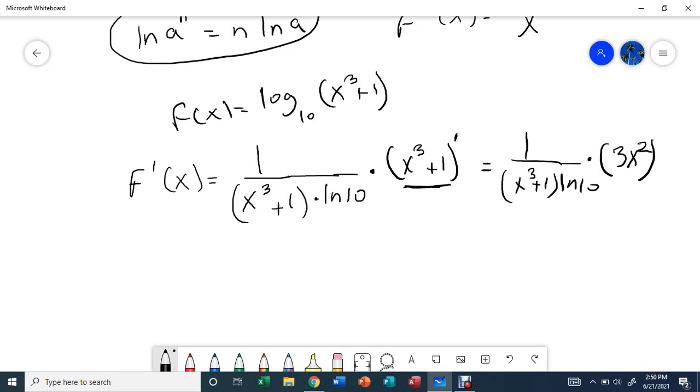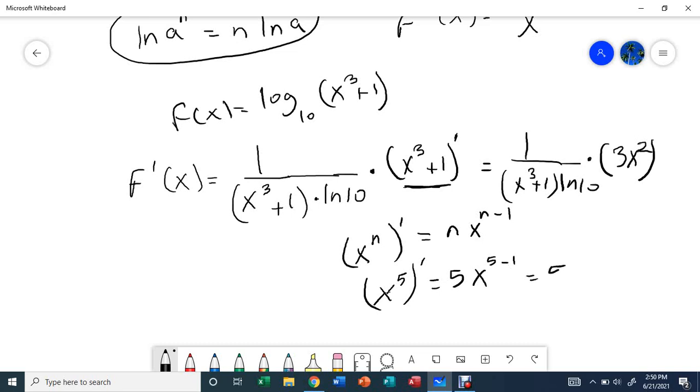And the power rule for derivatives, just a quick reminder: the derivative of x to the n is n times x to the n minus 1. So for example, if I have x to the fifth, it will be 5 and x to the 5 minus 1, so we get 5x to the fourth. So that's what I applied here. This is called the power rule for derivatives.